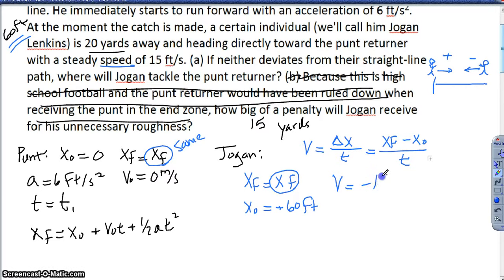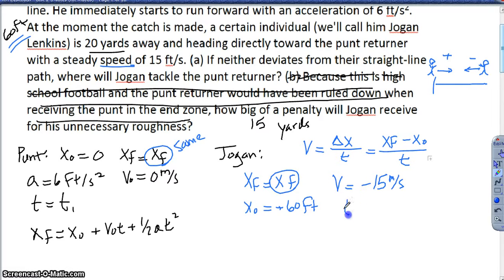So I do need to make sure it is a negative 15. It's very, very important we have that negative. Otherwise, if we forget the negative, it's going to be as if this guy was running in the positive direction, and we're curious how long it's going to take this guy to catch him, which is not the situation we're looking at. So be very careful with that negative.